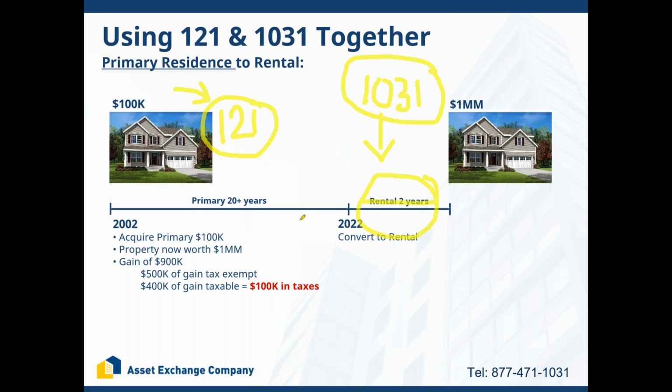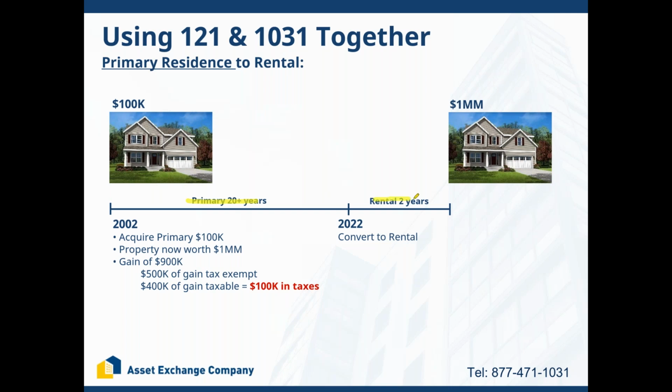Now, ladies and gentlemen, let me ask you a question. If you have a property that is eligible for the 1031 exchange and the homeowner's exemption, which one do you take? Well, I'm going to answer that for you. You take both. That is right, ladies and gentlemen. If you have converted your primary residence to a rental and you are eligible to do an exchange and also eligible for the homeowner's exemption, you can take them both.